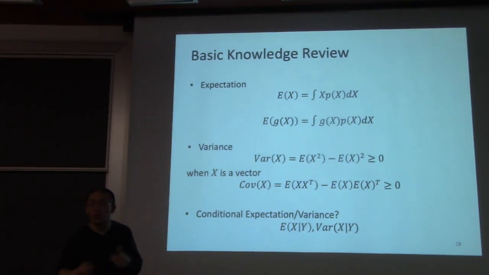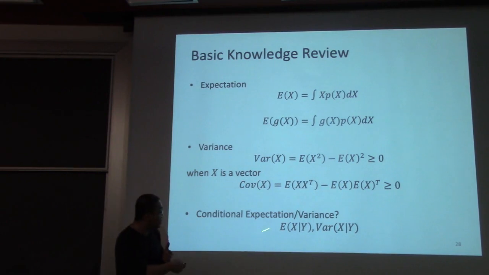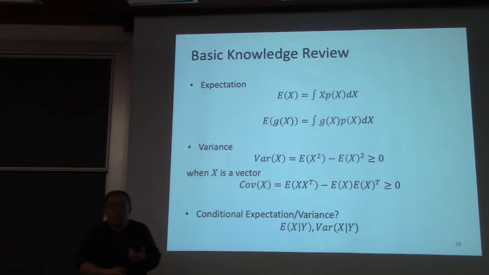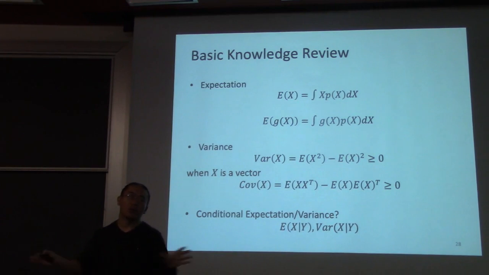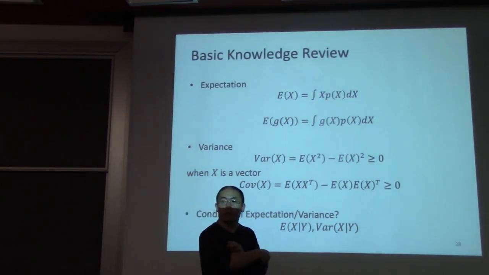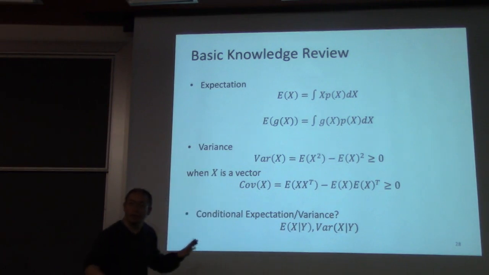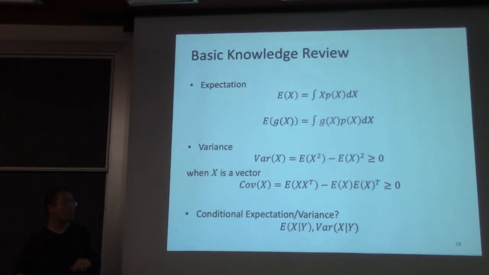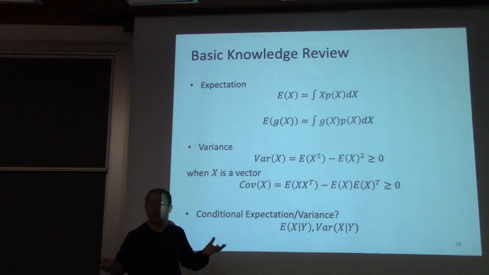So the conditional expectation is still a random variable, which means you can still take the expectation over it. When you take expectation over y again, it becomes a constant. If you have already started the homework, you should encounter a problem about this. And similarly, the conditional variance is a random variable.